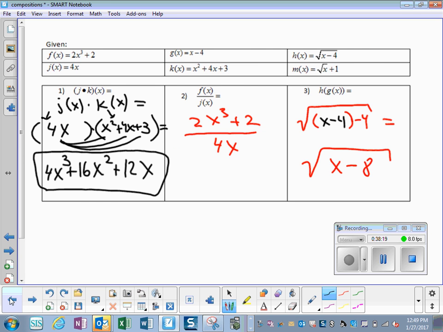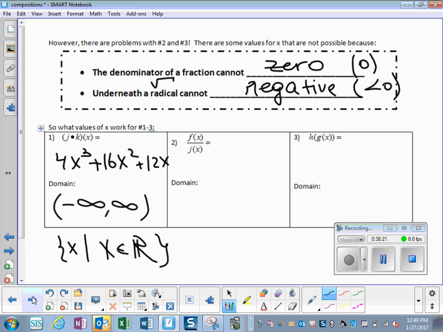Okay, so what about the next one? 2x cubed plus 2 over 4x. What is the domain of this function? What values of x could I choose? Let's do set builder first. 4x cannot be 0, right? That's what we want. We cannot have 4x equals 0.